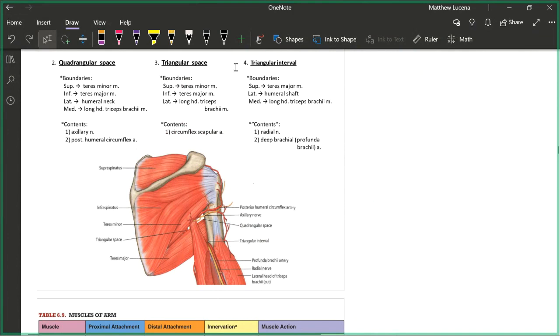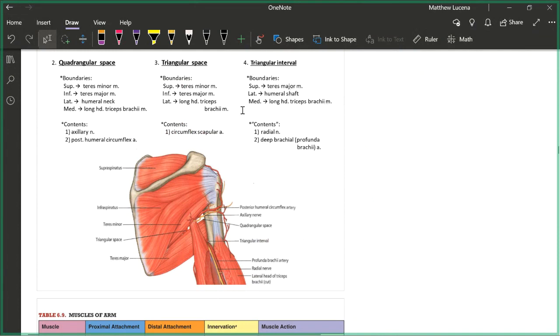The interval is a lot smaller, so I think he said it wasn't as important, but the quadrangular space and the triangular space I would definitely know. But there still are those contents in there, and I would at least get to know them.